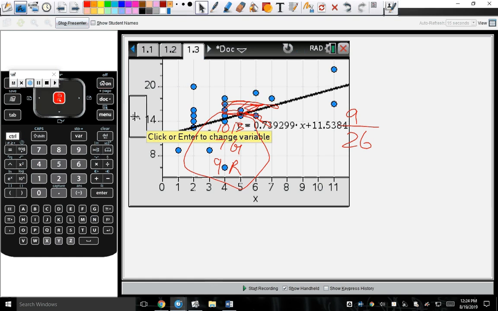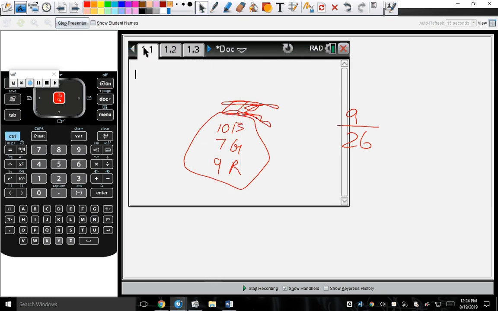And if I put this into my calculator, please look at your calculator with me. Control left, or go to 1.1 and click it. And what I want you to do is Control divide and press 9 over 26, and then press Control enter. Guys, when you press Control enter, you're accessing those little blue squigglies.